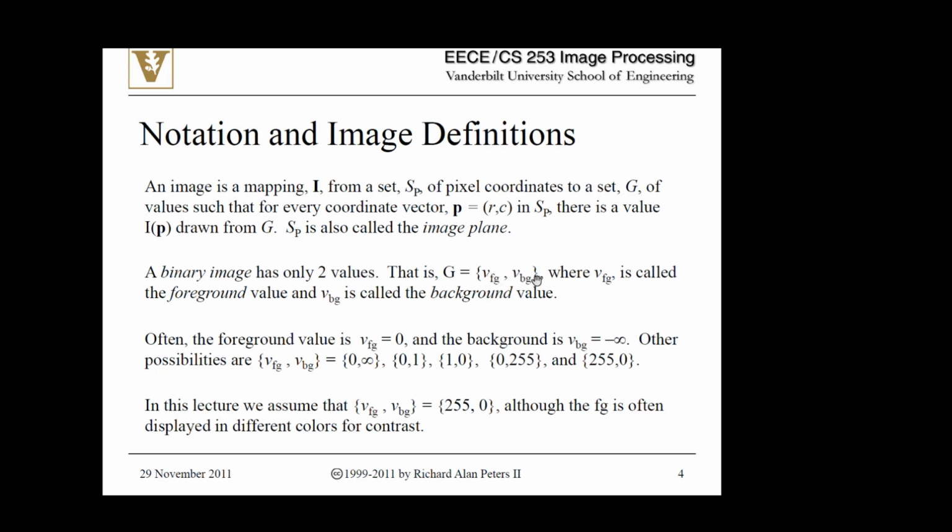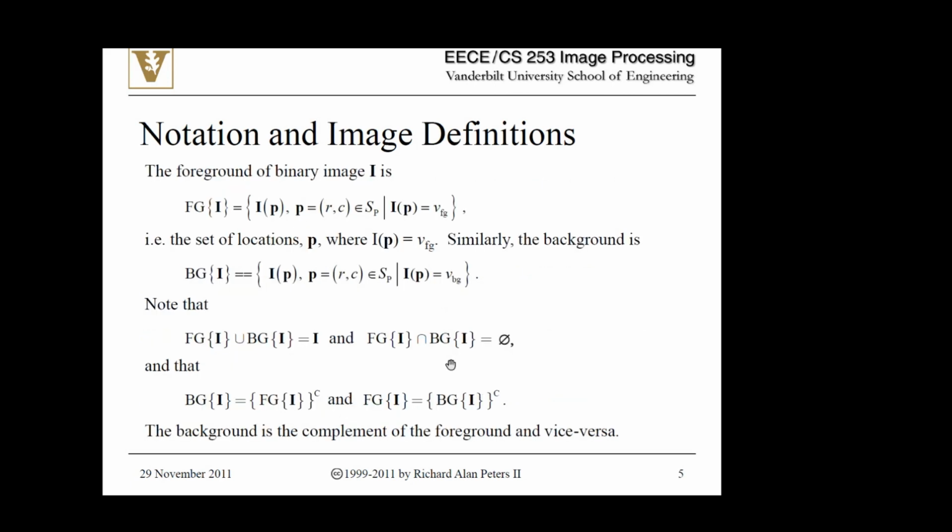One is for the foreground, another one for the background, whatever values they are. In the lecture, we will assume 255 for the foreground and 0 for the background. They can be whatever values. So binary images take these values, and then you will define a couple of sets.